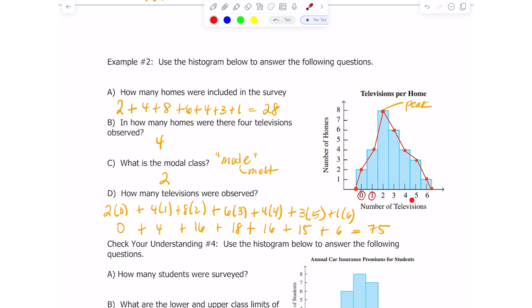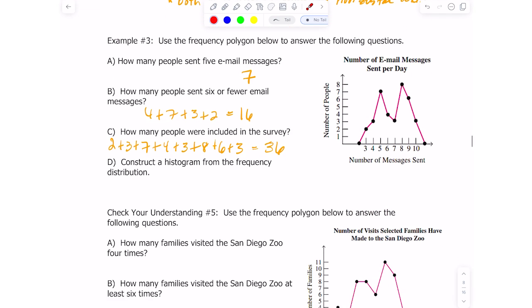If I have all these midpoints, all I have to do is just draw a bar around it and make sure the dot's in the middle for each of them. So in other words, I know that my bar is going to start at here, and I'm going to make sure that dot goes in the middle, right? So it's going to look something like this. And then I'm going to keep doing that and make sure that the dot goes in the middle.